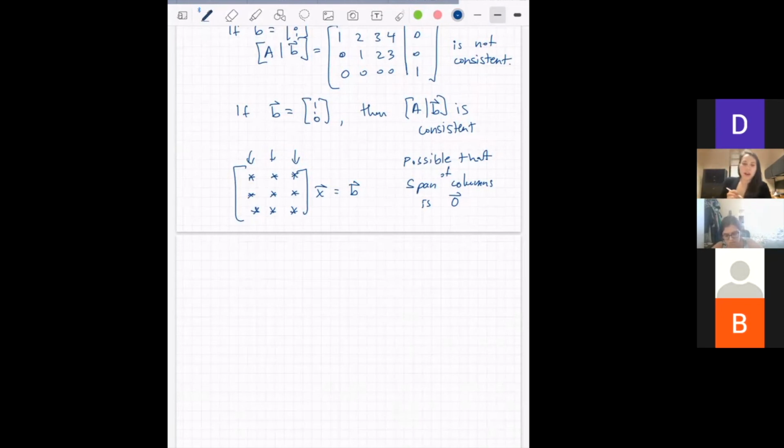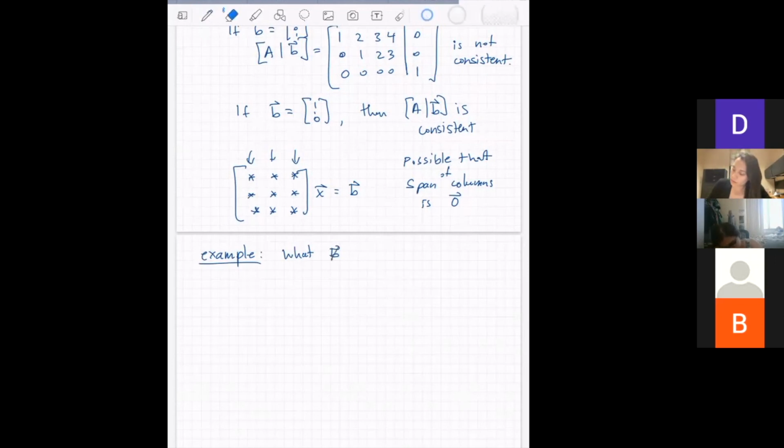Okay. Now let's do one more example. Okay, so instead of asking whether all of the vectors in a space are in the span, we might ask which vectors are in the span, right?